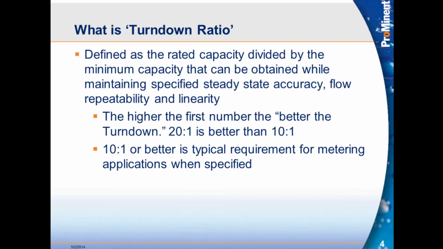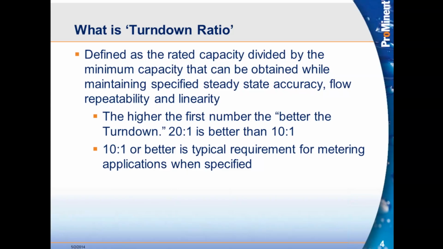So that is still while maintaining the reliability, the accuracy, the linearity, the repeatability of the pump. All the things that we advertise the pump is capable of doing, we're saying this is the minimum that we can turn it down to and still count on those numbers to be accurate.